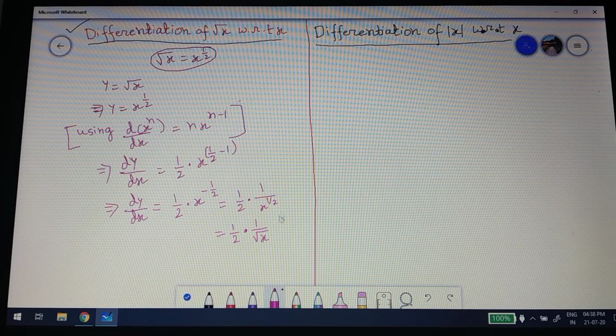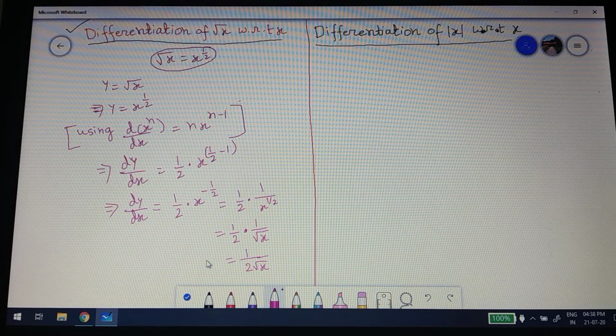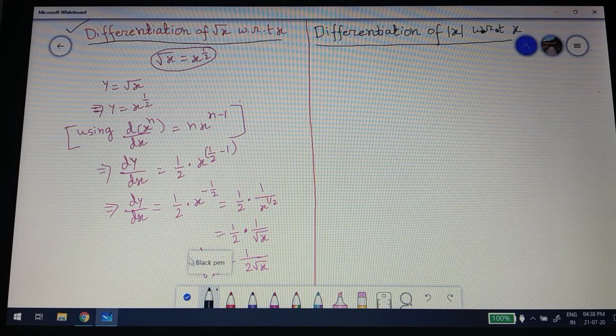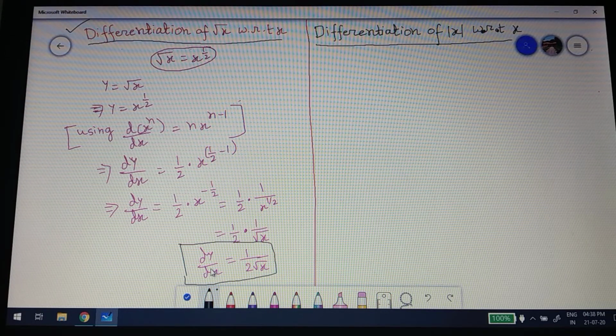So in the place of x to the power half I have written root x. So ultimately we are getting 1 upon 2 root x. It means dy upon dx equal to 1 upon 2 root x.